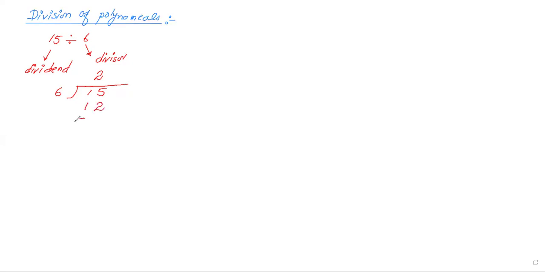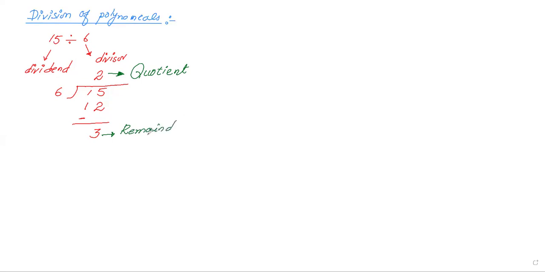Then you subtract 15 minus 12, and that becomes 3. The term on top is called the quotient of division, and the expression left behind in the process of division is called the remainder.